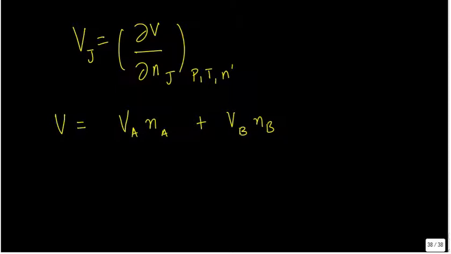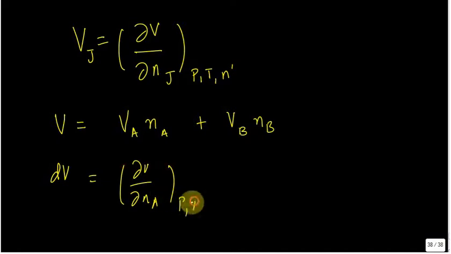So, if I think of a very small change in the total volume dV, then that change I would define as the partial molar volume of A times dNA plus the partial molar volume of B times dNB, at constant pressure, temperature, and the other number of moles.